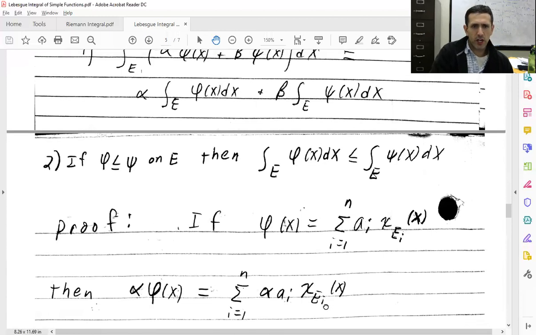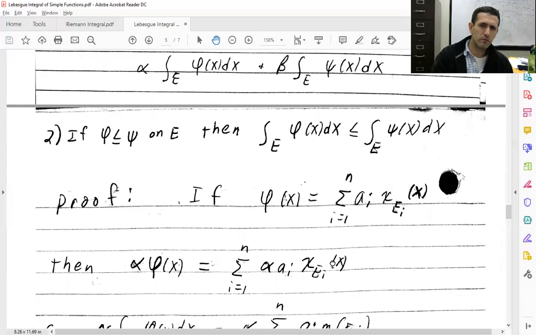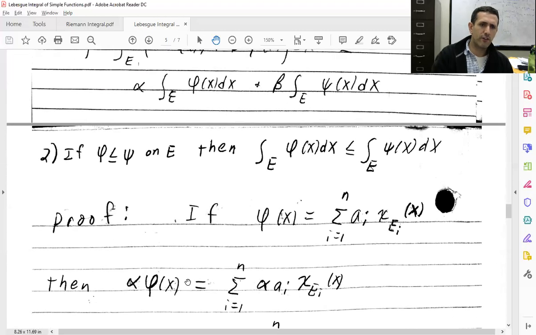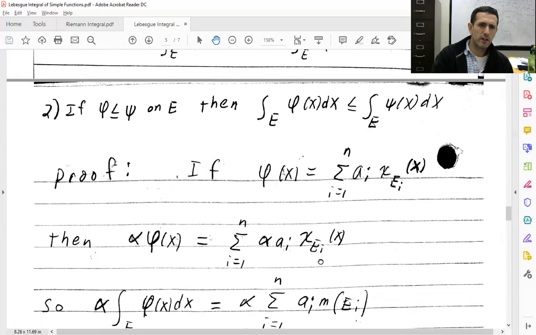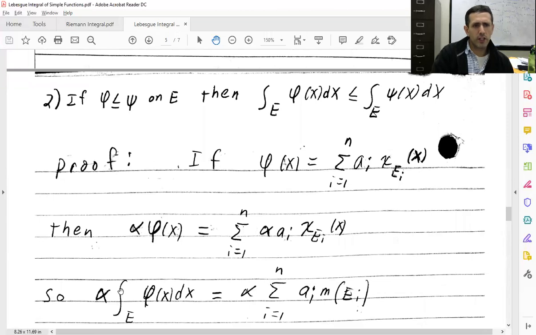You can either check that this will be the canonical decomposition of alpha phi(x) if this is the canonical decomposition of phi(x), or you can just use the fact that, since this is the canonical decomposition, the E_i's are disjoint, and we're writing alpha phi(x) as the sum here where the E_i's are disjoint. So by definition, alpha times the integral of phi(x) dx is going to be this sum here.